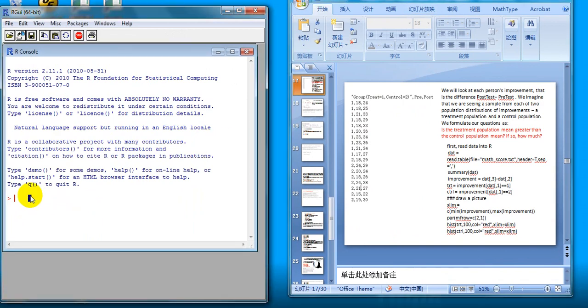So we have treatment. The number of treatments should be, use the post, subtract the pre. Right.